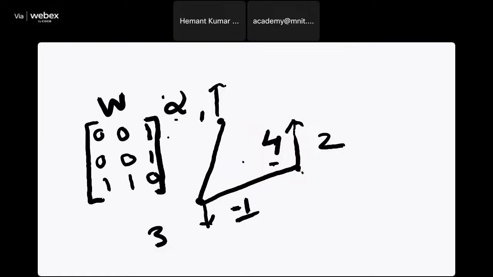So is this part clear? See what we are doing here. We have taken a very small graph signal, which consists of the three vertices 1, 2, 3, where 1 is connected to 3 and 3 and 2 are also connected.